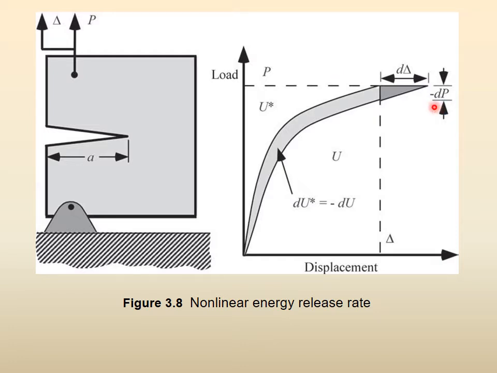But that is it. So d delta is here and dP is here, and this area will be the work done or the energy absorbed or the energy released and so on, right? It is very simple to understand. So this is the load displacement curve for this type of test, and we are assuming this non-linear elastic behavior, then this is the way you define the J integral and so on.